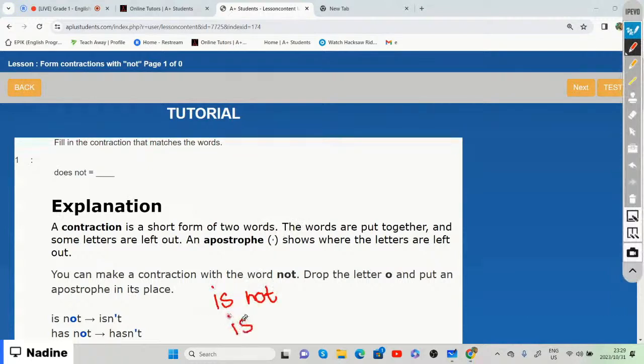Is stays the same, right? Then with not, we add the N, we remove the O, and once we remove the O, we put the apostrophe and T. So is not now becomes isn't.